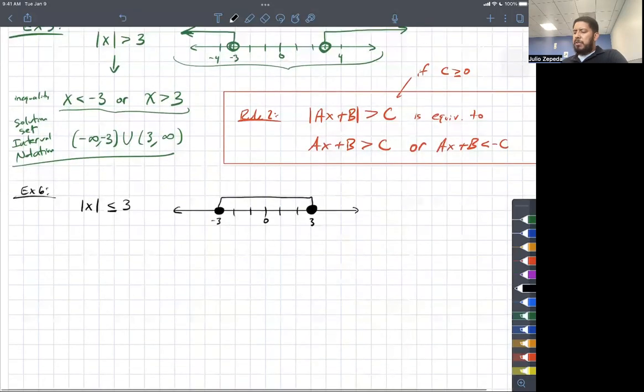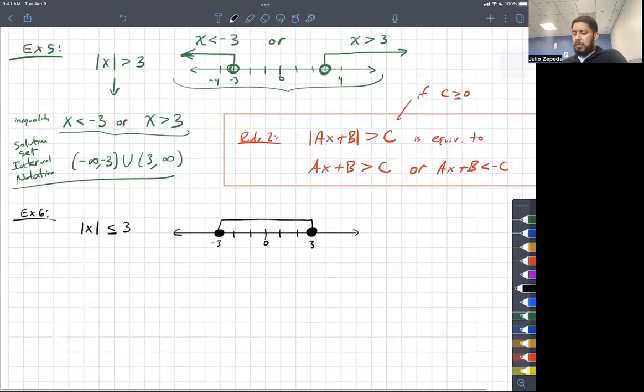And so one way to show this information would be to write down this inequality, x is less than or equal to 3. So we want numbers that are less than 3, sure, but we don't want to go too far below 3, because if you go too far, like -4, its absolute value is not less than 3.